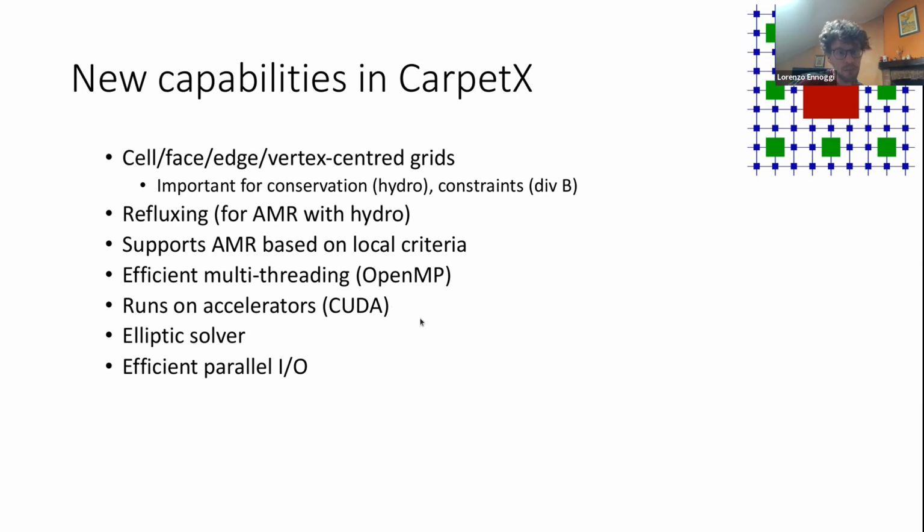There is efficient multi-threading through OpenMP, which, from what I know, is a little bit different from the multi-threading which we are used to from Carpet. Because in Carpet we had, for example, imagine 2 components on the grid. Each component is assigned to a different thread, but looping over each of the components is done serially.